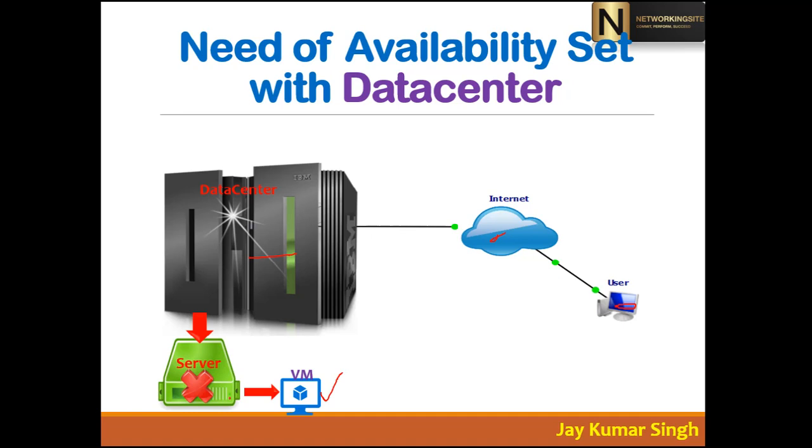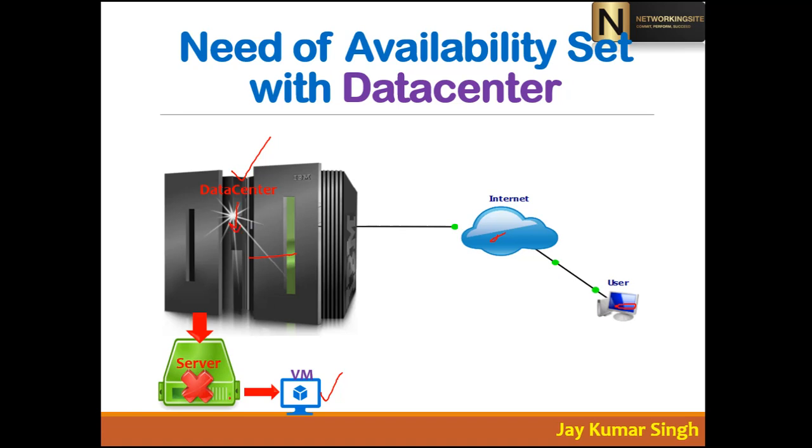Like we have already come to know about availability zones. Availability zones provide solutions for entire data center failure. But availability sets provide protection from hardware failure inside a single data center.